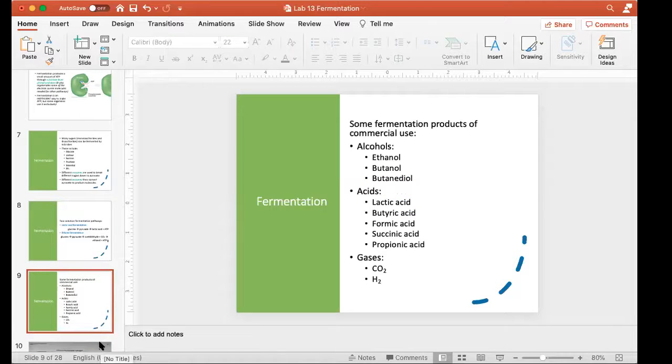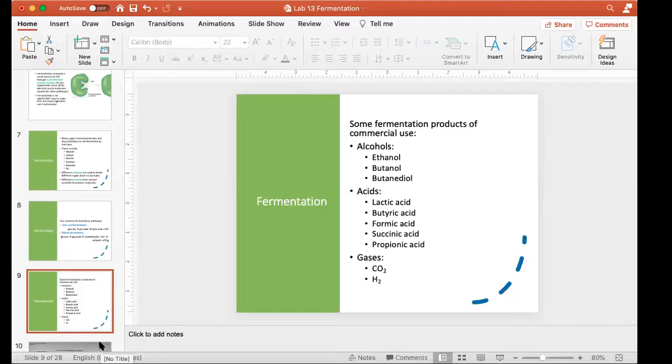Here's just a partial list of some of the products that we harvest commercially from microbes doing fermentation. Ethanol, we mentioned, butanol, butanediol, those are all alcohols. Lactic acid, butyric acid, formic acid, succinic acid, propionic acid.